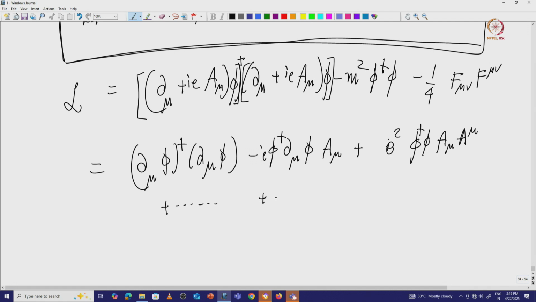What I want is to concentrate on this particular term plus its Hermitian conjugate. So let us concentrate on this term.